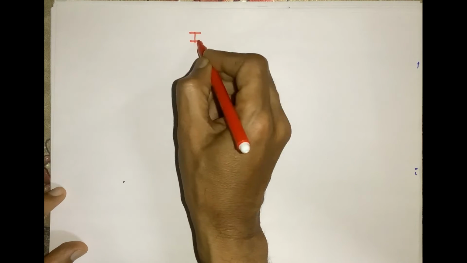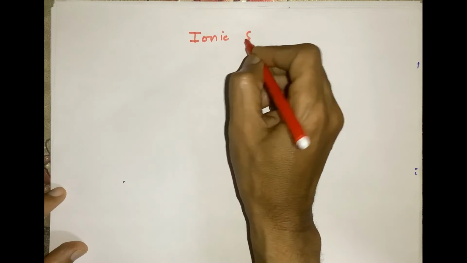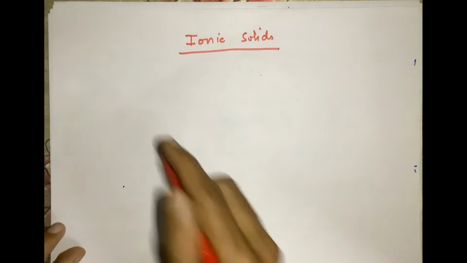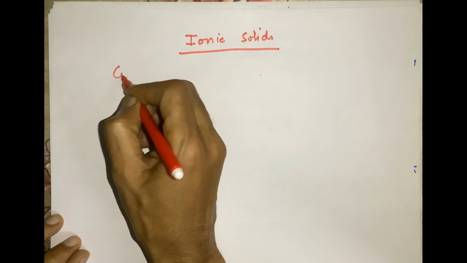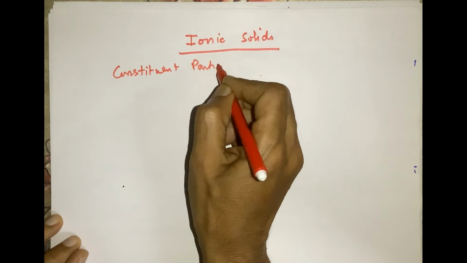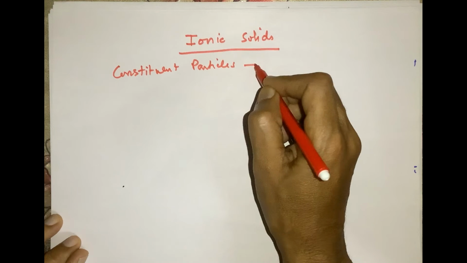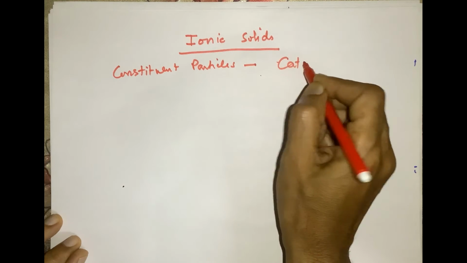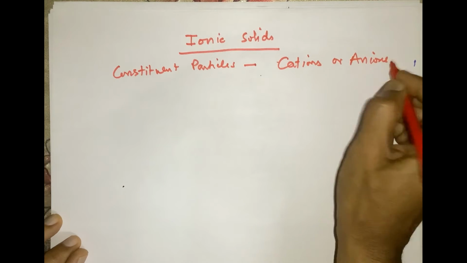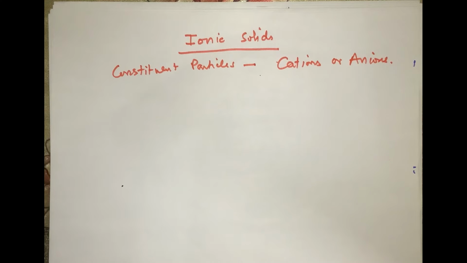In these type of solids, the constituent particles are cations, positive ions, or anions. So in the crystal lattice, cations and anions are arranged in three-dimensional space.